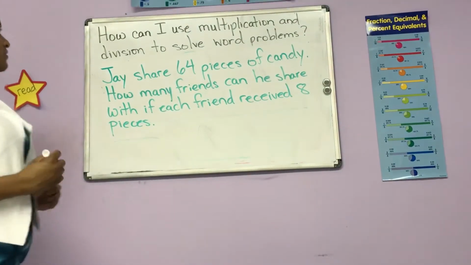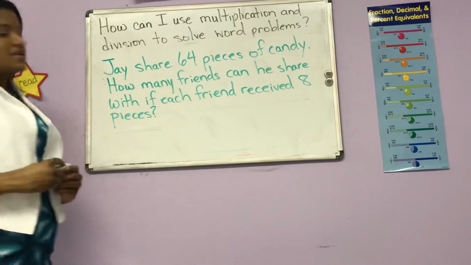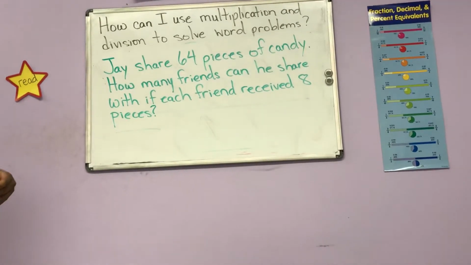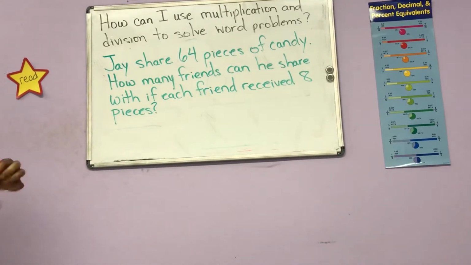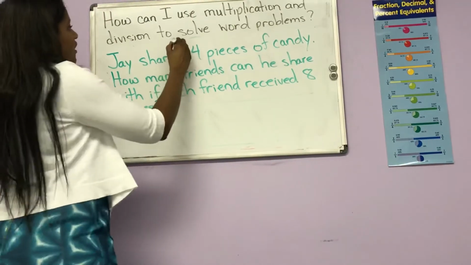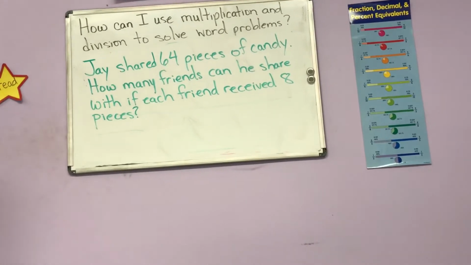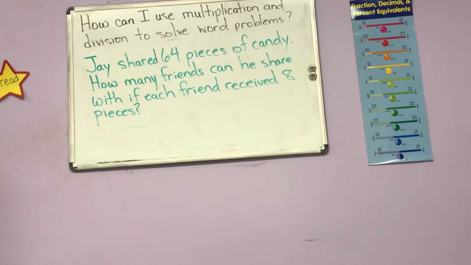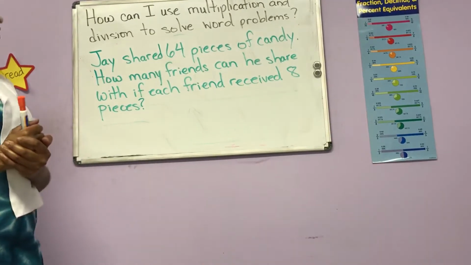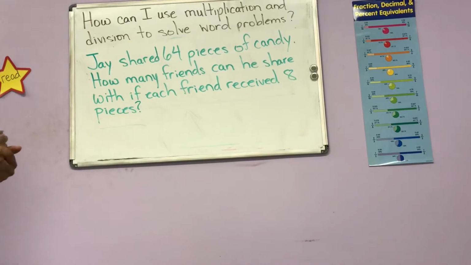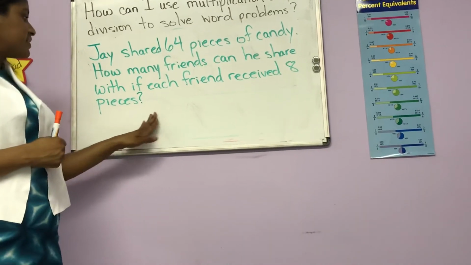All right, so this one says Jay shared, so it's past tense. Jay shared 64 pieces of candy. How many friends can he share with if each friend received 8 pieces of candy?